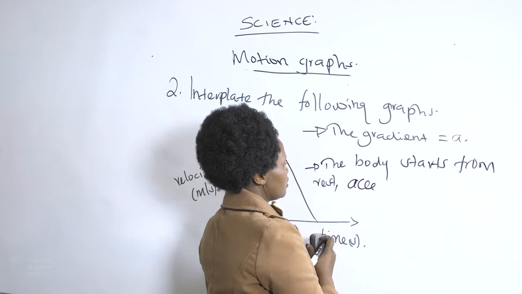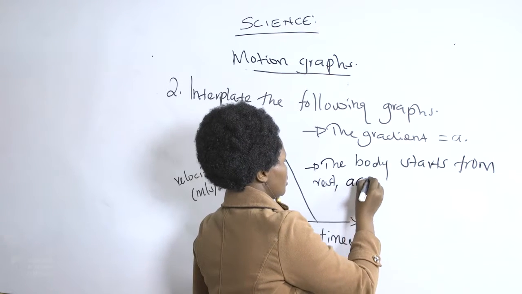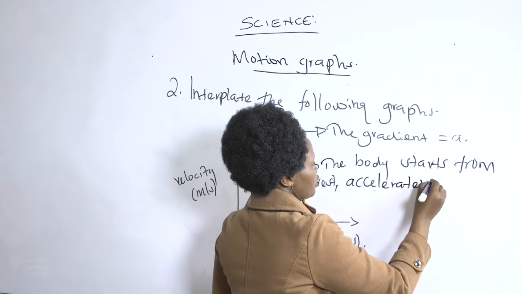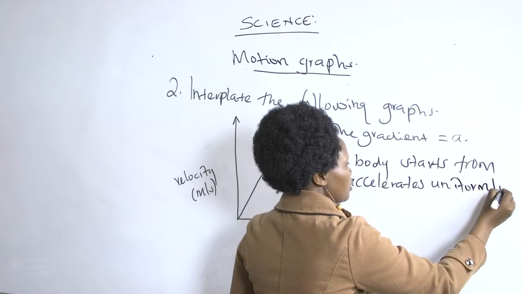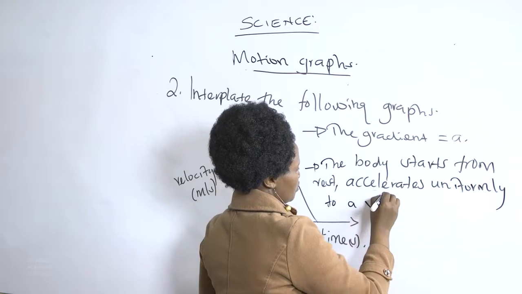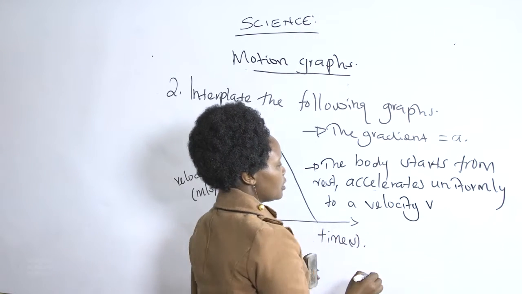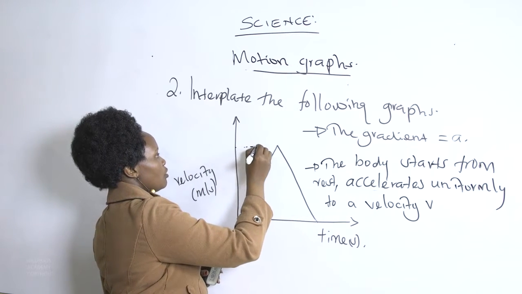So the body starts from rest, accelerates uniformly to a velocity v. Here, this is the point we are calling v.